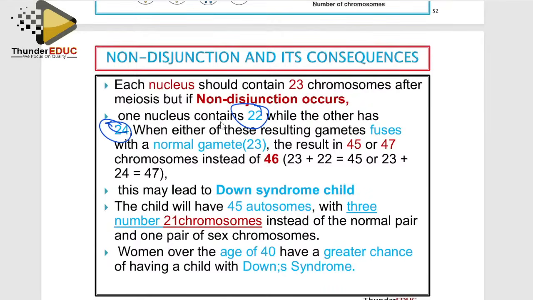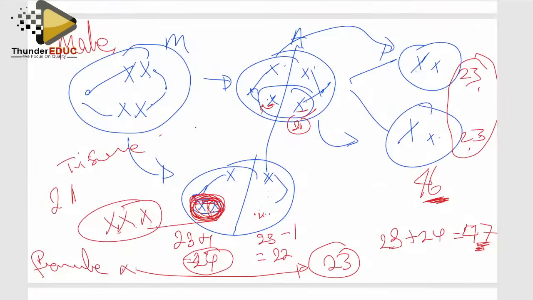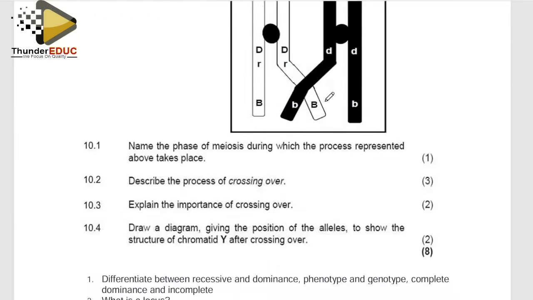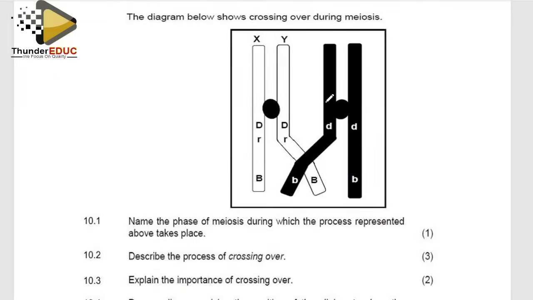If the 24 fuses with a normal gamete, it will result in 47 instead of 46, and this results in Down syndrome. So take a screenshot of that. Please know how to describe the process of Down syndrome. Then we go to the last question of meiosis, and then we smash genetics.